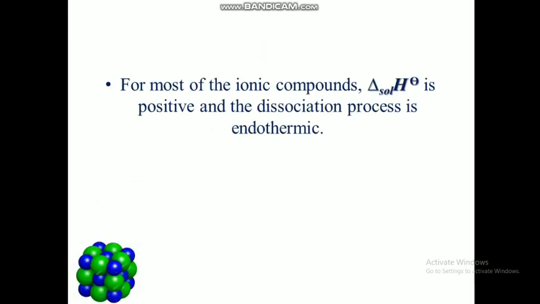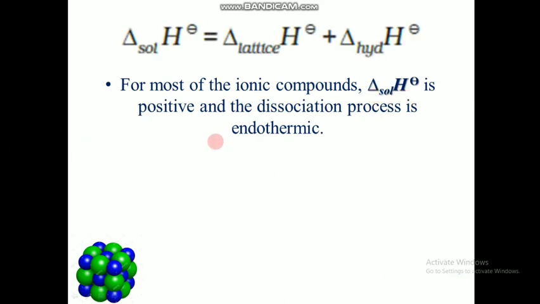For most of the ionic compounds, the enthalpy of solution is a positive value and the dissociation process is endothermic. Why is that so? Why, when we have an ionic compound, does this enthalpy of solution become positive? This equation tells us the answer. When we take the enthalpy of solution, we are taking the summation of lattice enthalpy and hydration enthalpy.